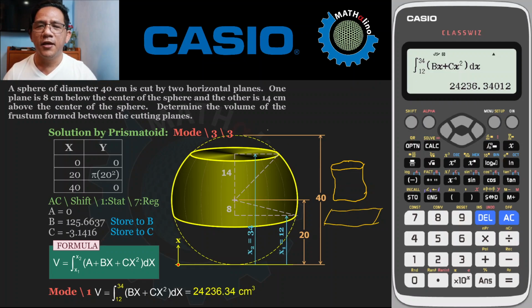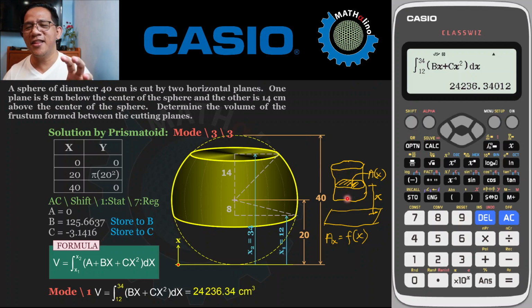So if we can express any area parallel to this plane, any area cut in this volume, let us say this area, in terms of the distance, let's call the distance x from the reference datum, and if the area is a polynomial in x, a function of x, not higher than third degree, then this volume is a prismatoid.